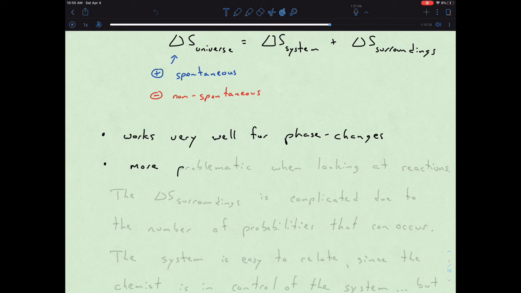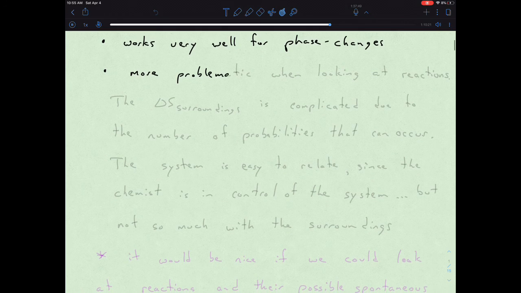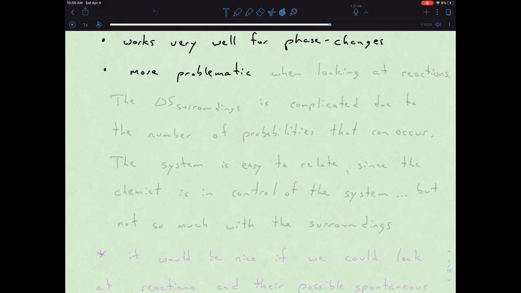However, this is more problematic when looking at reactions. It gets a little bit more complicated.